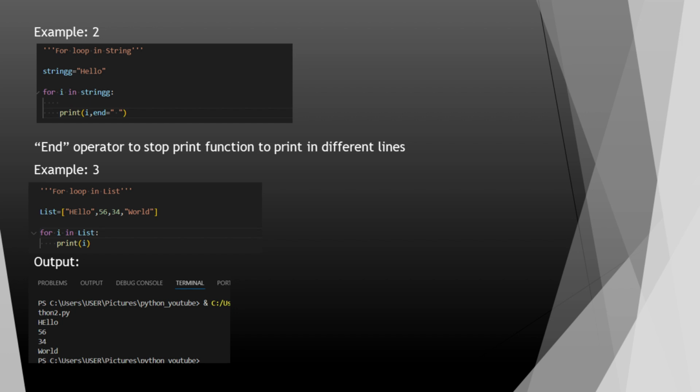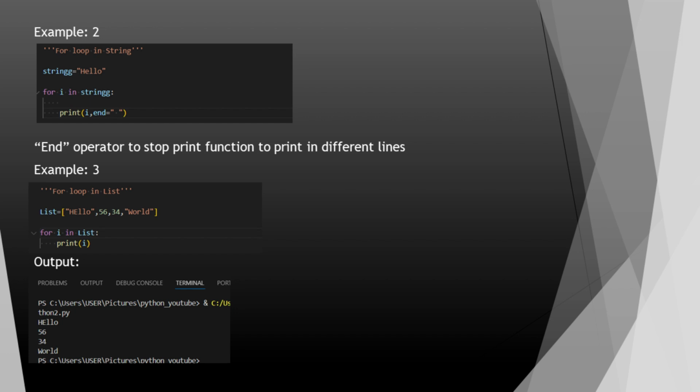In example number one, you can see each character of the string hello is printed in different lines. So if you want to print your string in one line and not in different lines, you can use the end operator to do that while using loop.